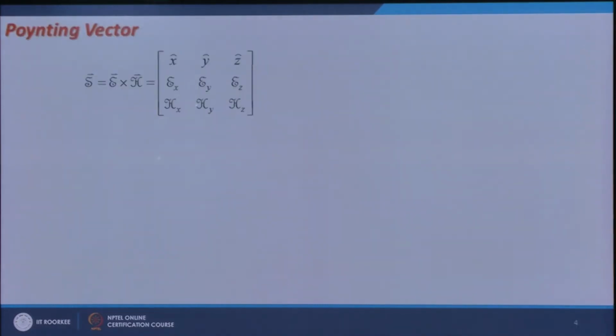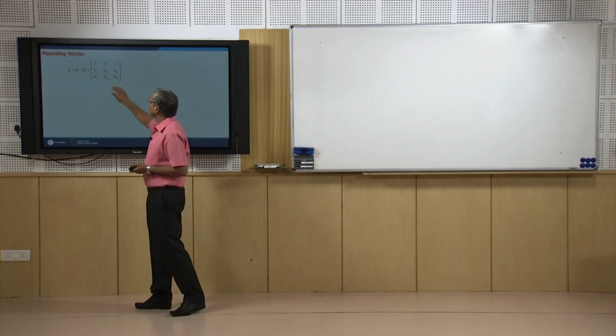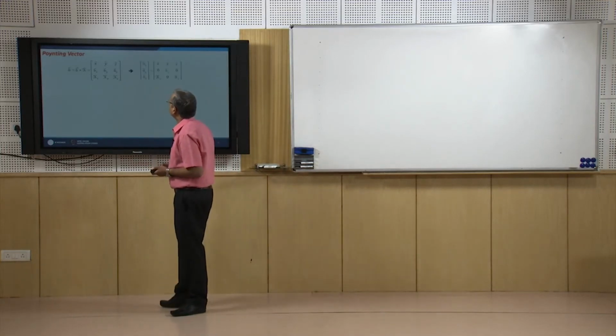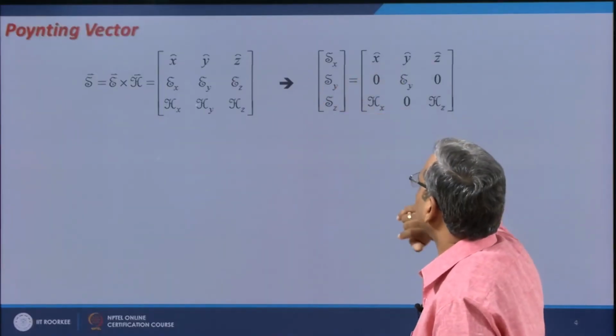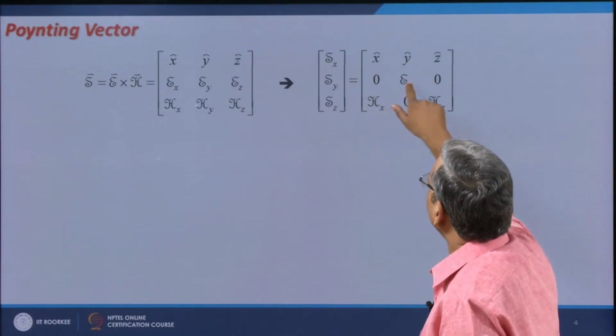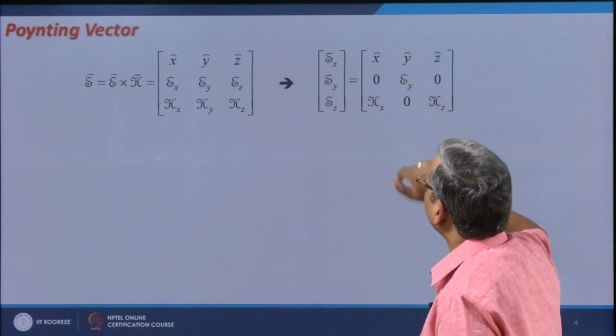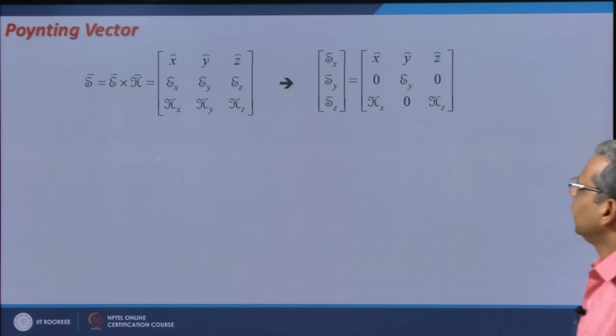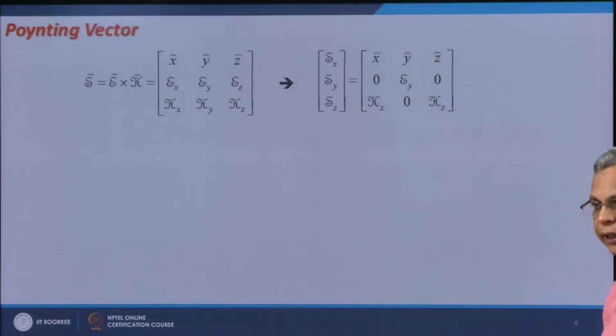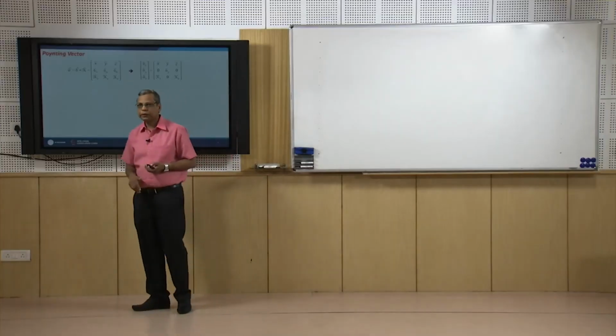Poynting vector is given as E cross H. So, I fill in the values here now. So, Sx, Sy, Sz in matrix form, I can write it like this. These are the non-vanishing components of electric and magnetic fields for TE modes, Ey, Hx and Hz, and from here I can find out Sx, Sy and Sz, that is the x, y and z components of the Poynting vector.